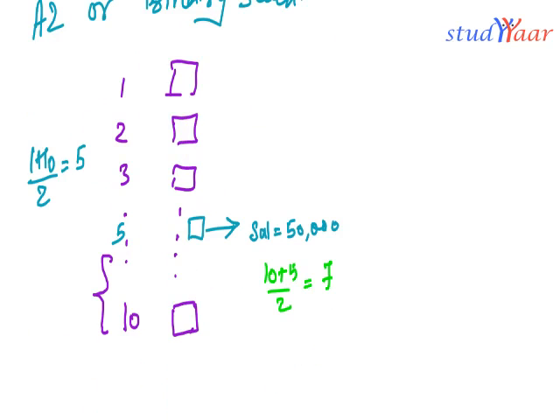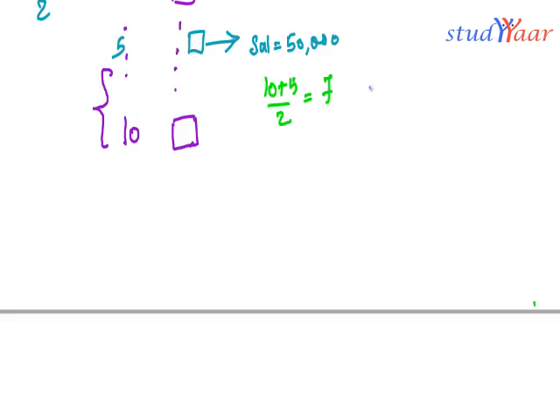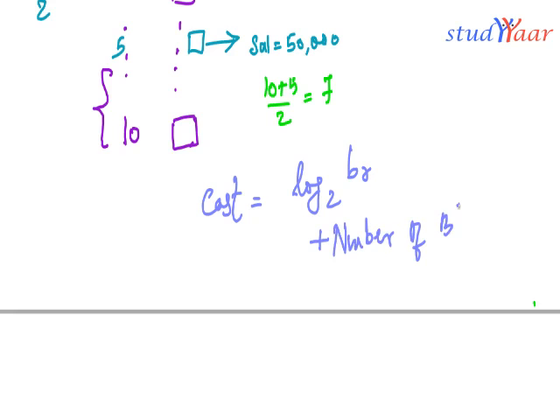So in this case, my cost is equal to log 2 of BR, where BR is the number of blocks in my relation, plus the number of blocks containing records that satisfy the given condition, plus the number of blocks containing records with the same value.